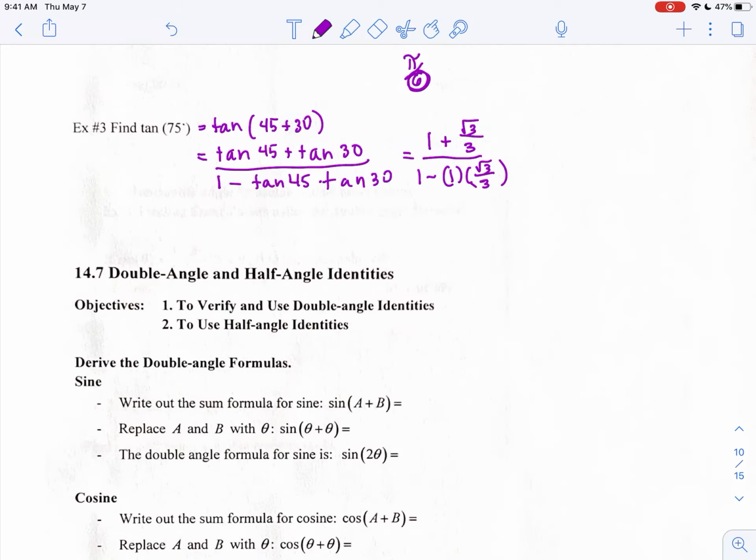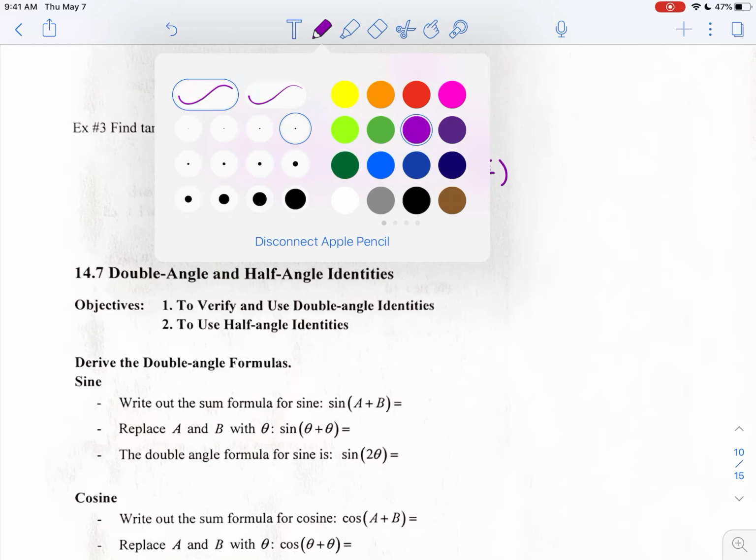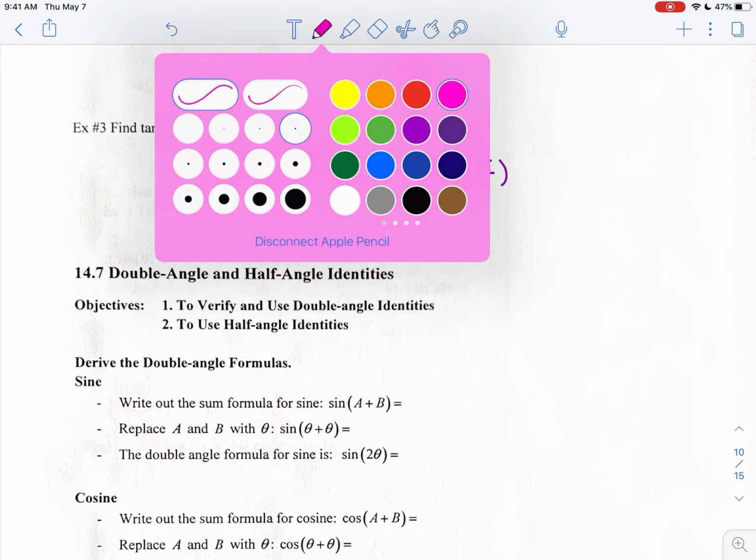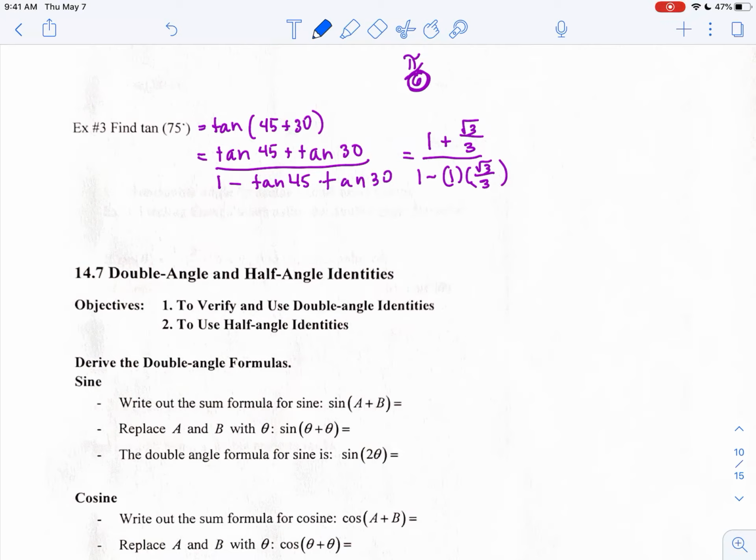Once you have the values on top, you can reuse the same values. If you remember back to complex fractions, this is a complex fraction. We have a fraction on top and a fraction on the bottom. So we're going to get rid of the fraction within a fraction by multiplying by the denominator. I'm going to multiply the whole thing on top by 3 and the whole thing on the bottom by 3.